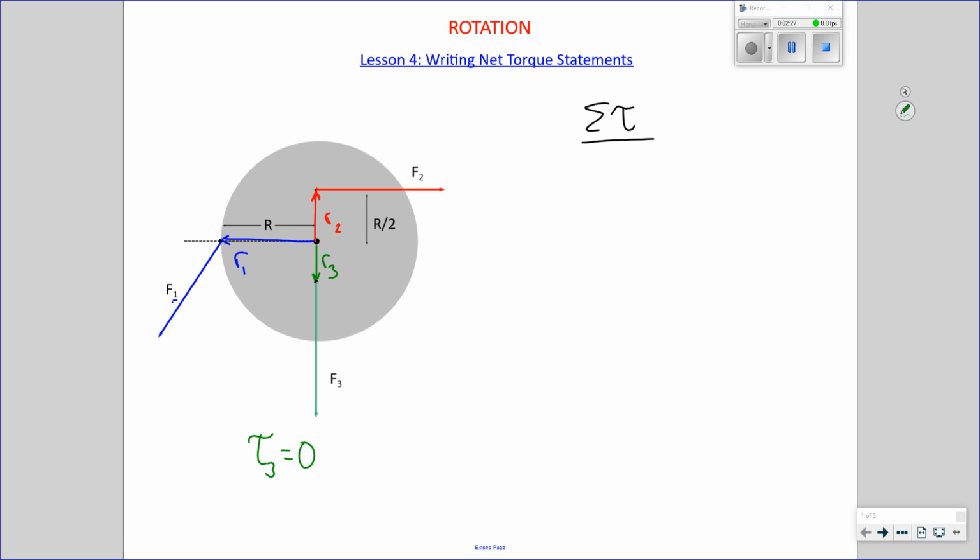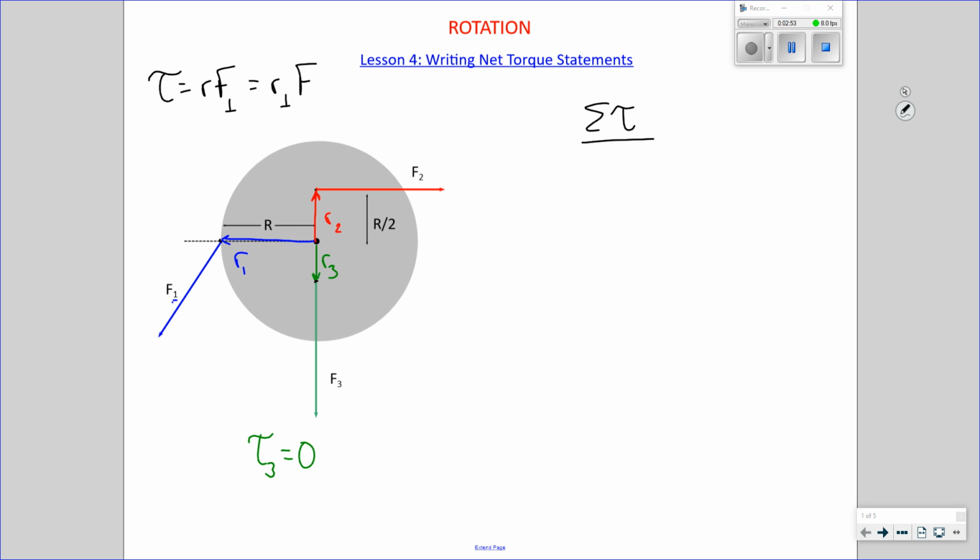Remember, our general statement for any torque is that torque can be expressed as r times F perpendicular, or r perpendicular times F. If there is no component of a force that's perpendicular to its respective vector r, that force produces no torque. So F3 produces no torque.